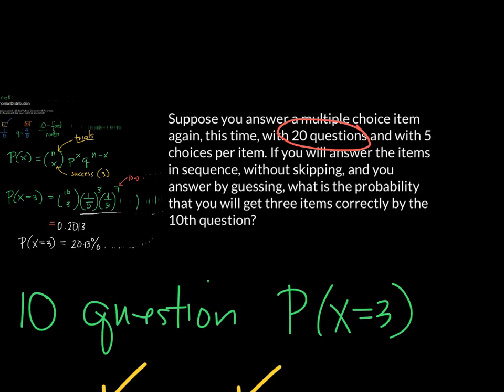We only have to consider up to the 10th question. Some people may be confused as to why we didn't use 20 in the solution. The reason is that our concern is only to get 3 items correctly by the 10th question.